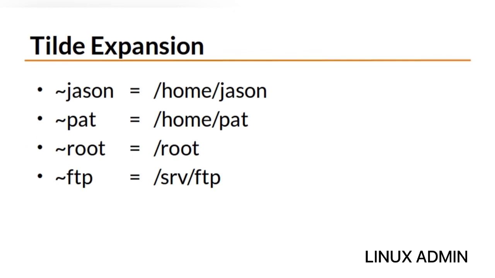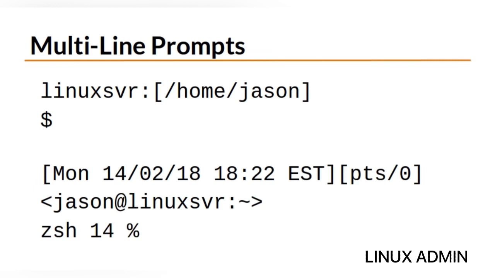Not all accounts on a Linux system are associated with an individual user. For example, services often have their own accounts. In this case, ~ftp expands to the home directory of the FTP service account, which lives in /srv/ftp.